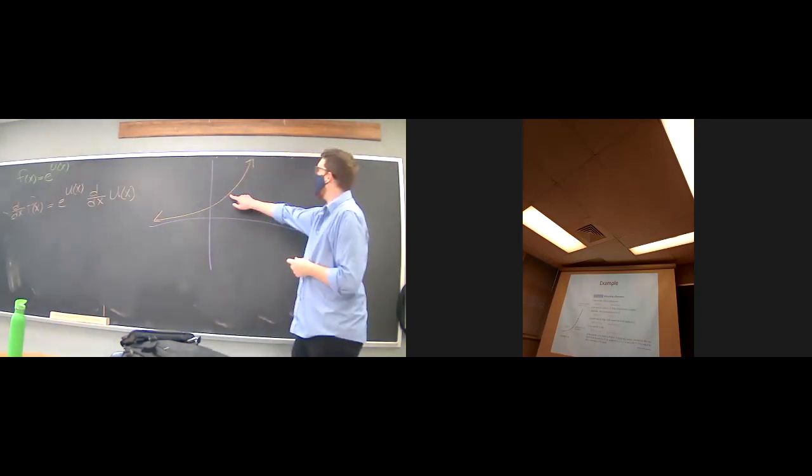In other words, one interpretation of this result is that for any given point along e to the x, so for any y value of e to the x, that's equal to the slope of the tangent line at that same point.